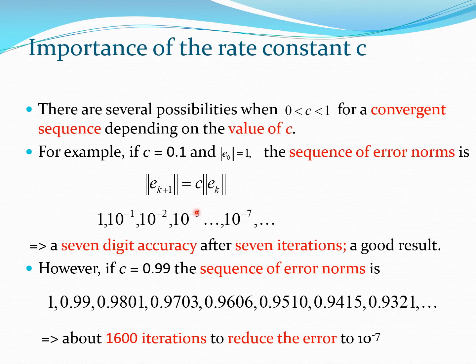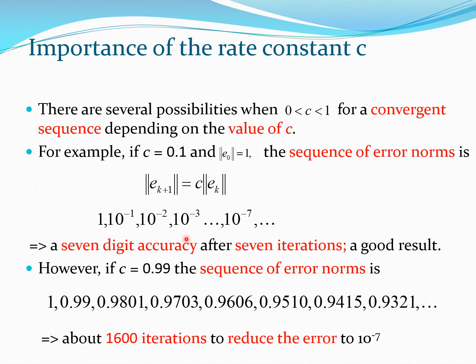So then we see that with linear convergence we have this equation here, norm e_{k+1} equals c norm e_k, and then I put here c is 0.1. And e_0 is 1, so the first term will be 1. The next term will be 0.1 into 1, which is here. The next term will be 0.1 into 0.1, which is here, and so on.